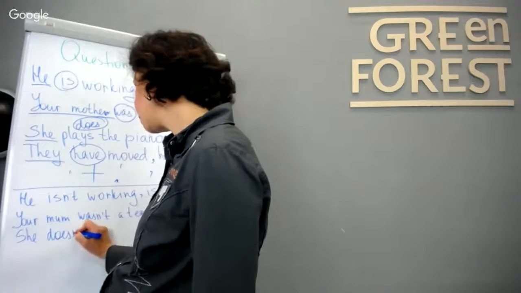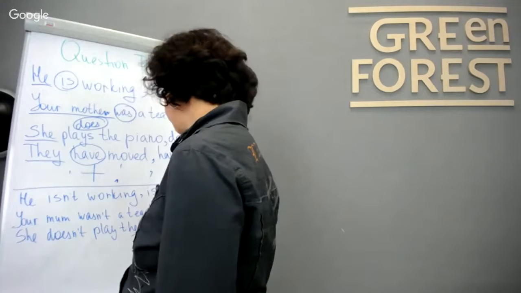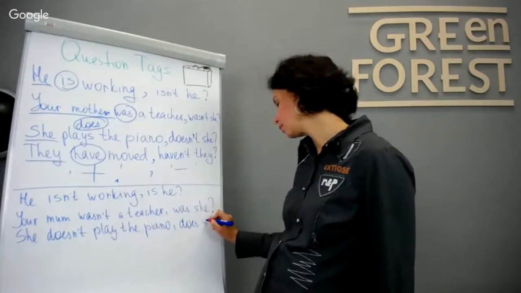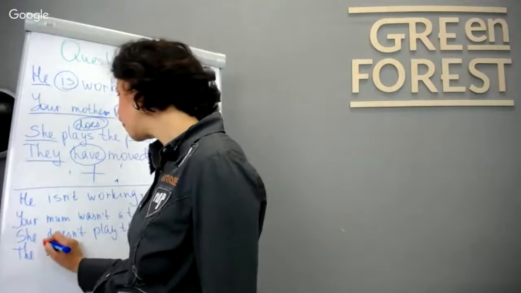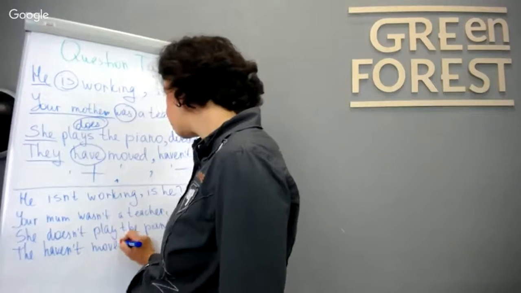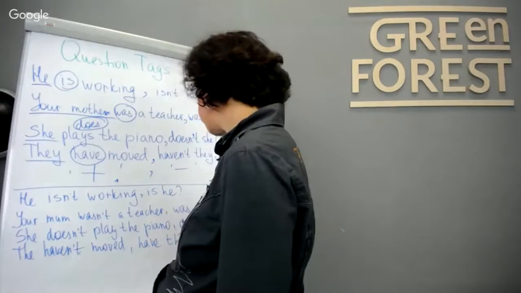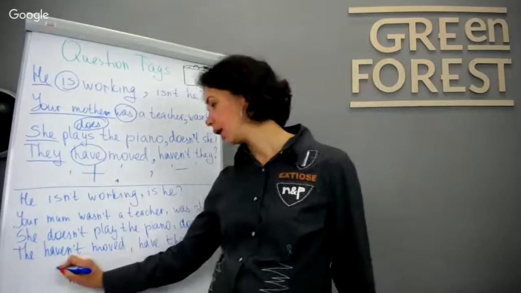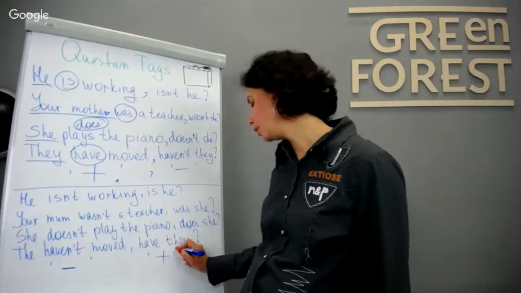She doesn't play the piano. Does she? They haven't moved. Have they? That's it. So in this case, we have a negative sentence and a positive tag.